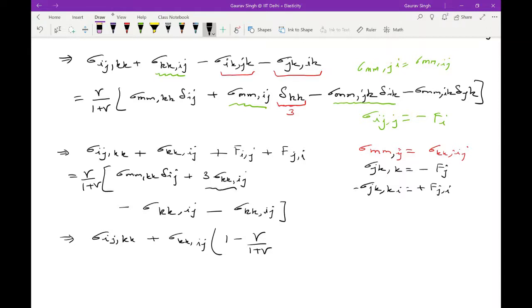So this minus this is actually just one time sigma kk comma ij. So that we have taken out common already. Now this must be equal to nu by 1 plus nu sigma comma kk delta ij minus of fi comma j minus of fj comma i.